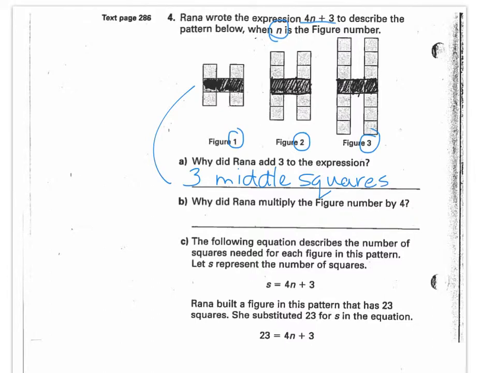That number doesn't change. Why did Raina multiply the figure number by 4? Because she adds 1, 2, 3, 4. Repeated addition is the same as multiplication. She's adding 4 each time.